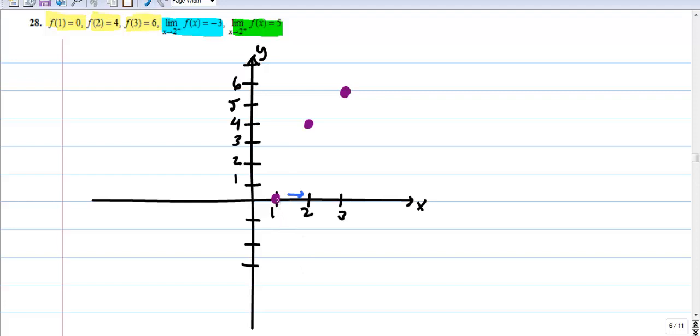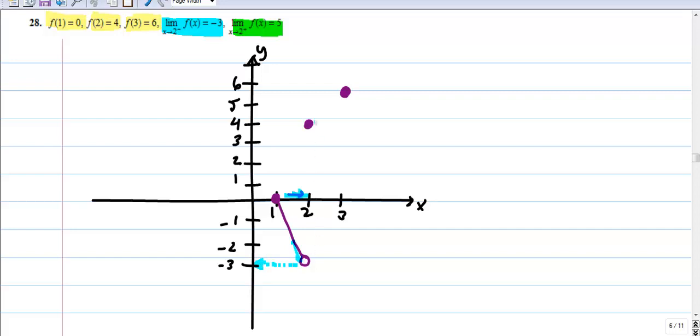I don't know if it's going to be curved or whatever, but it's easier to make it straight. So does everyone get that? As I approach 2 from the left, the graph's y value is supposed to approach negative 3.